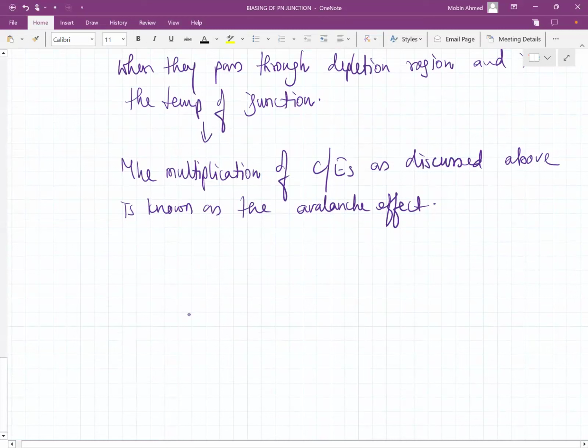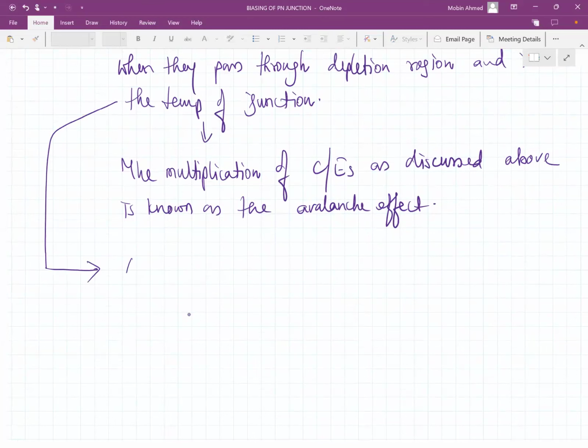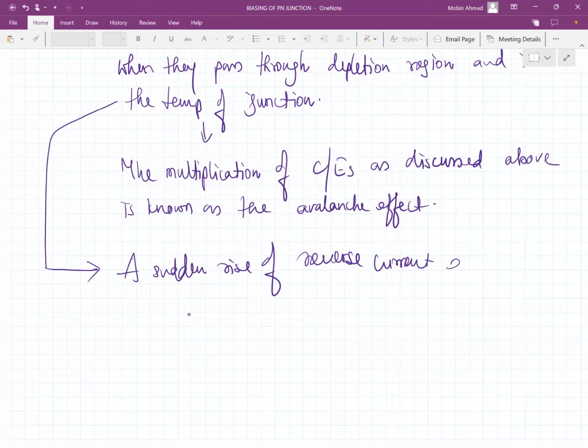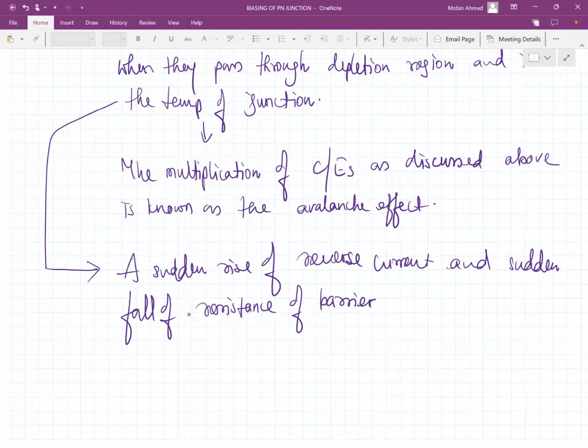Now, when they rush through the depletion region, the temperature is going to increase. Then what will happen? A sudden rise of reverse current and a sudden fall of resistance of the barrier region.